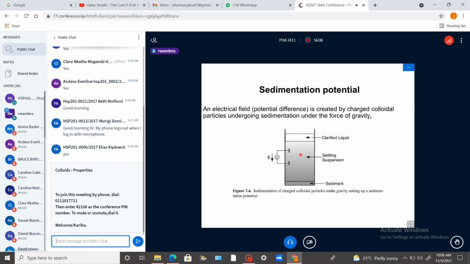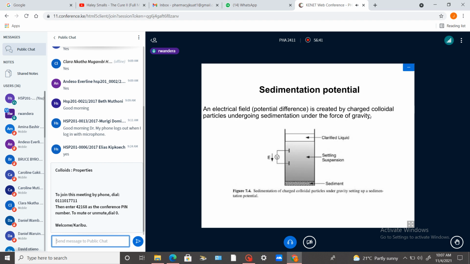So this is actually the reverse of electrophoresis. Remember, in electrophoresis, your charged colloidal particles move due to an applied potential difference. But in this case, due to the movement of colloidal particles as a result of gravitational sedimentation, they generate a potential difference.